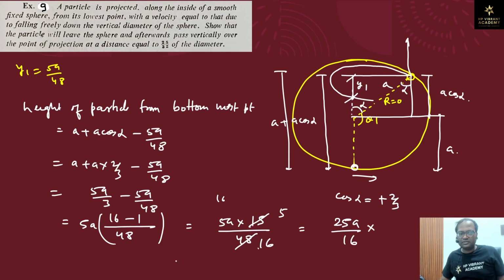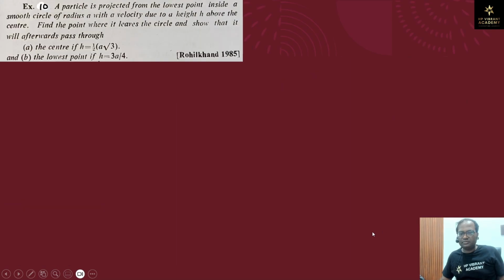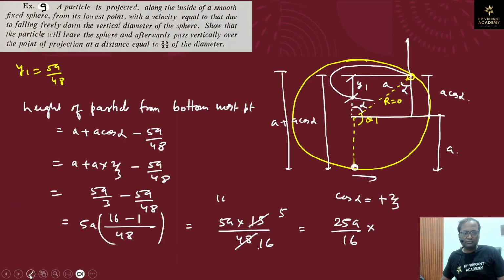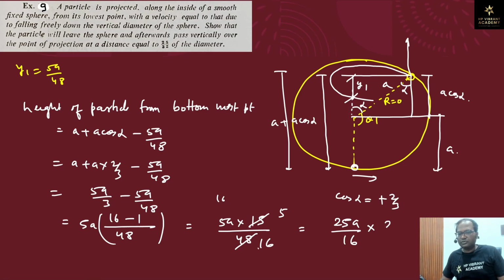Okay, so let us multiply this with 2 at the top and 2 at the bottom. So this is equal to 25 upon 32 into 2a. So this is the diameter.